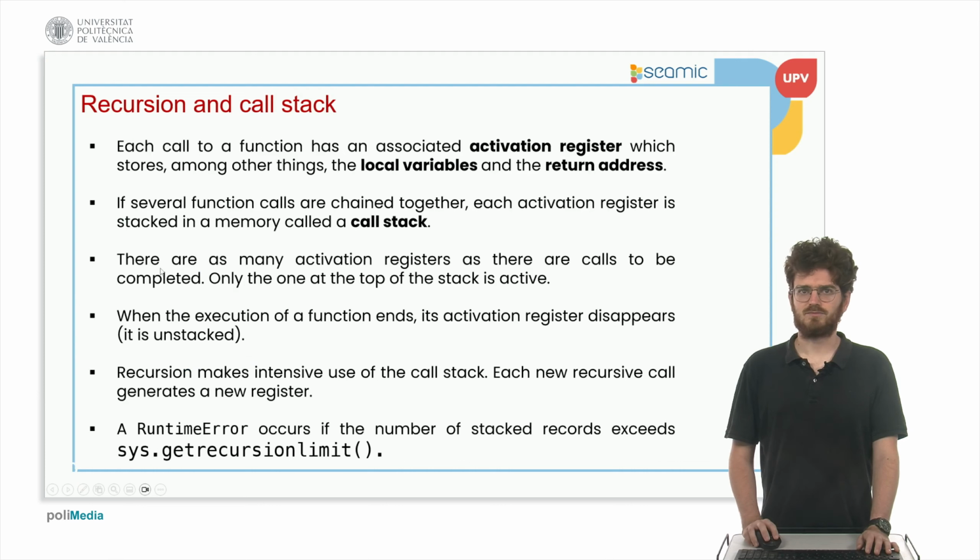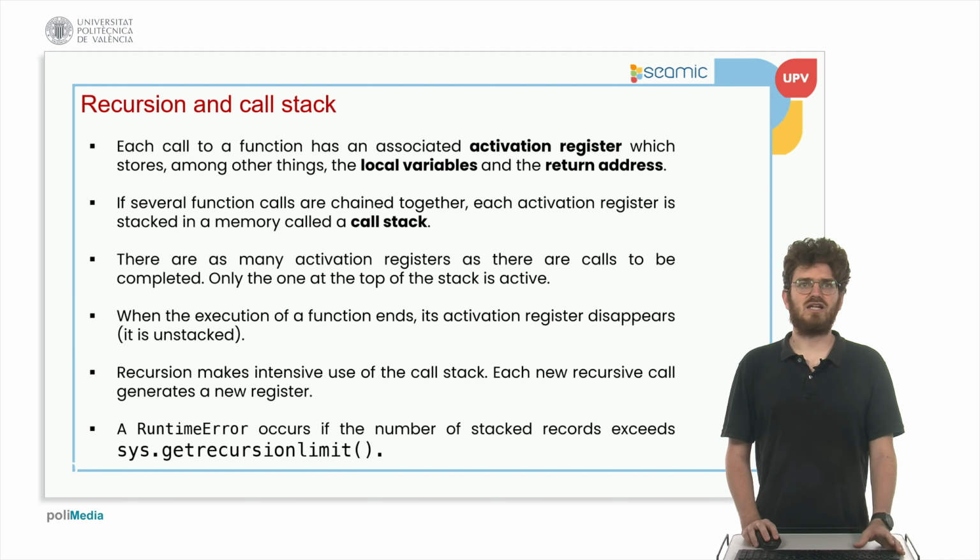A very important concept in recursion is the call stack. Every call to a function has to store a few values in memory. So for example, if you have any parameters, you have to store those parameters. If you have any local variables, you need to store them somewhere. And you need to know which function called you, so when you return a value, you can return it back to them.